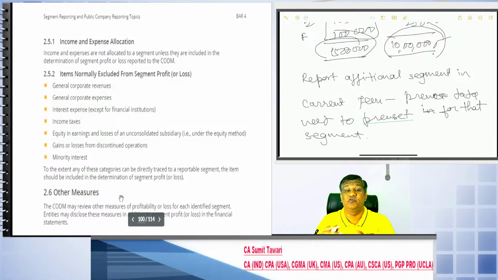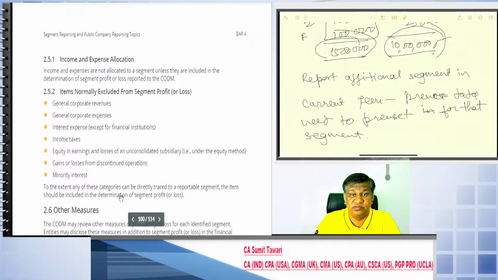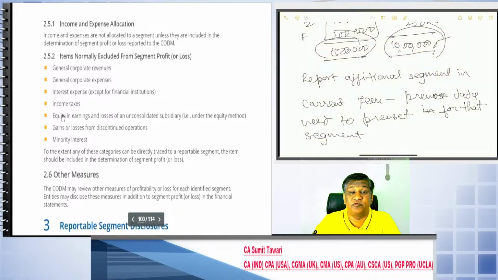Income and expenses allocation: the income and expenses are not allocated to a segment unless they are included in the determination of the segment profit or loss reported to the CODM. Items normally excluded from segment profit: general operating revenue, general corporate expenses, interest expenses, income taxes, equity in earnings and losses of unconsolidated subsidiary, gains and losses from discontinued operation, minority interest.